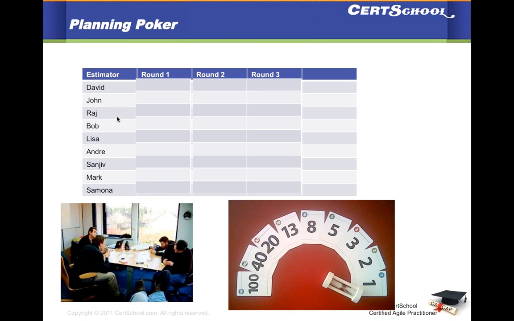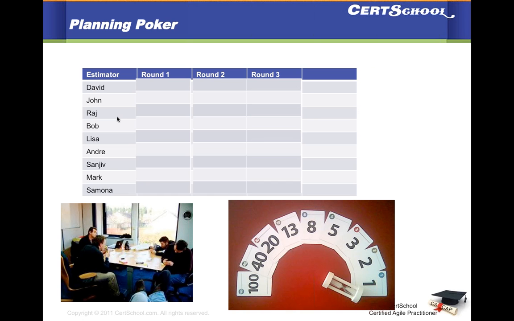Okay, planning poker. Those of you who are somewhat familiar with agile may have heard this term already. It is a very interesting way of arriving at a very accurate estimate for a particular story. The way it works is, you have the estimators in the team.